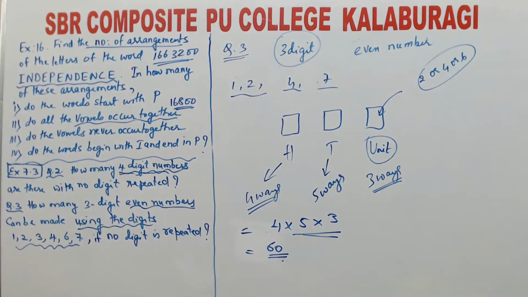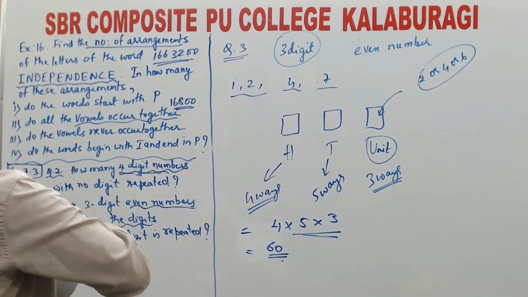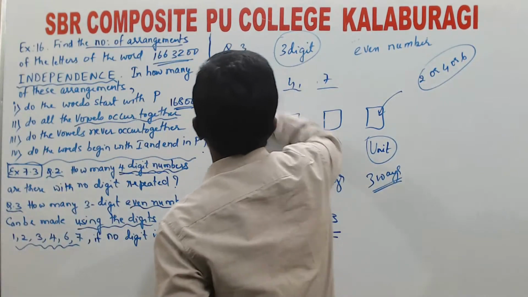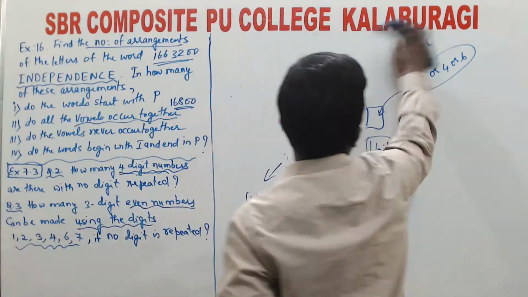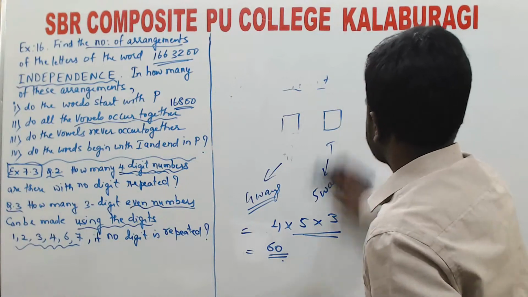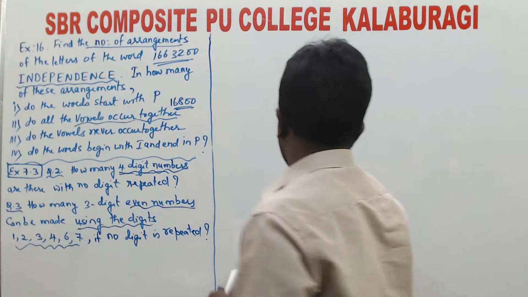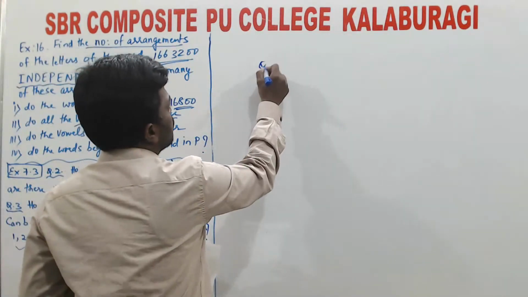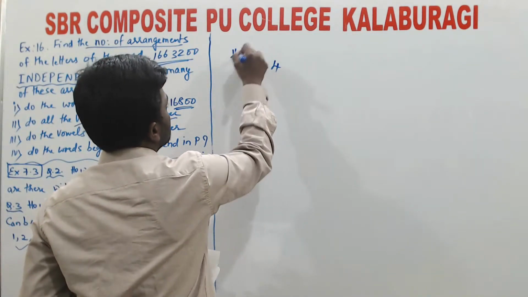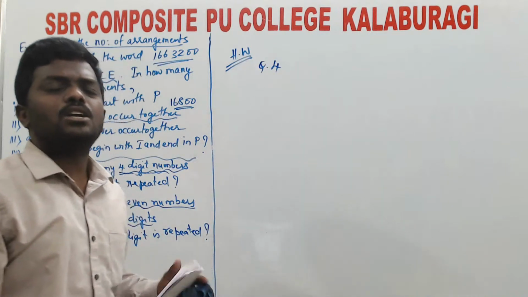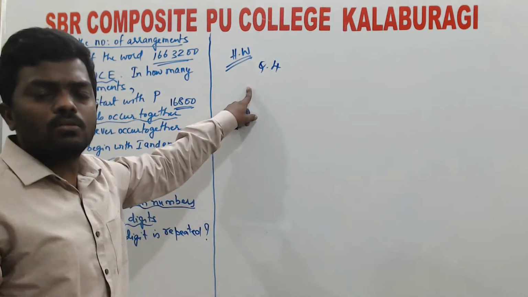Now the next question, question number 4. We have completed the problems which were on the board. Solve question number 4 as homework, students, because it is quite similar to the problems we have been solving till now.